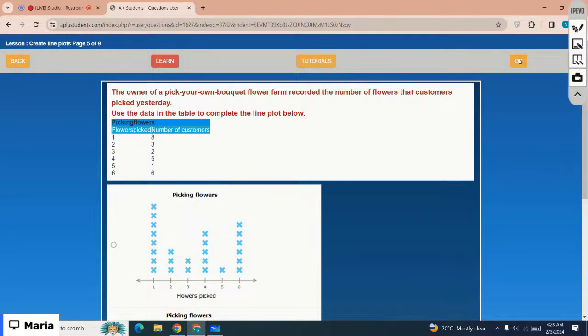The owner of a pick your own bouquet flower farm recorded the number of flowers that customers picked yesterday. Use the data in the tables to complete the line plot below, which is the correct option.